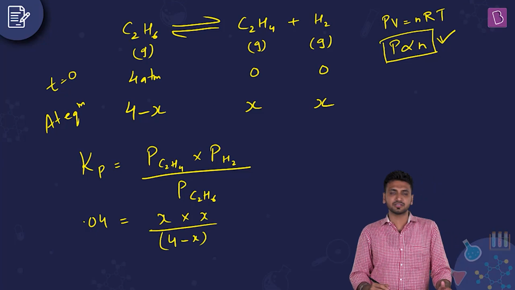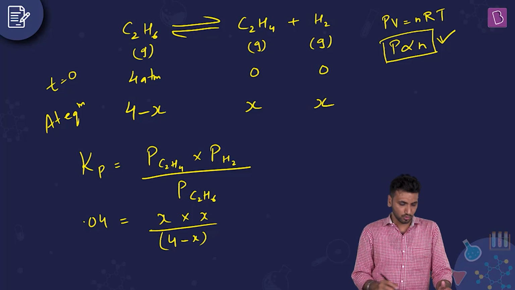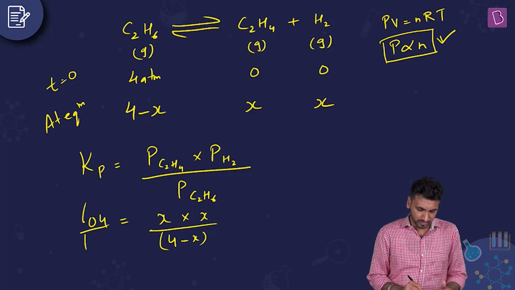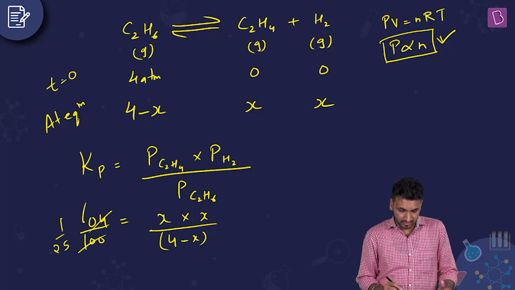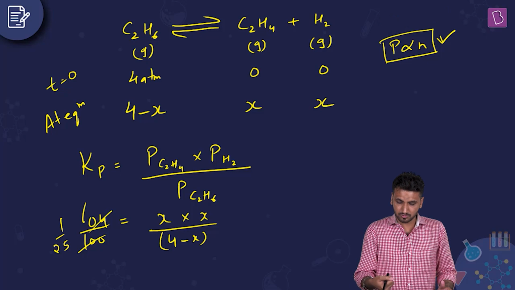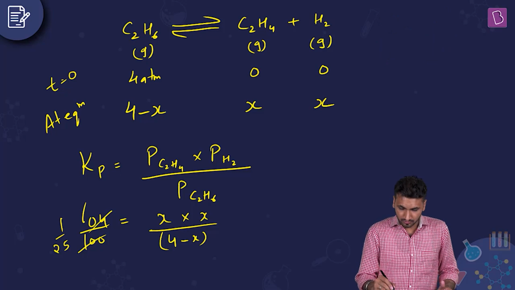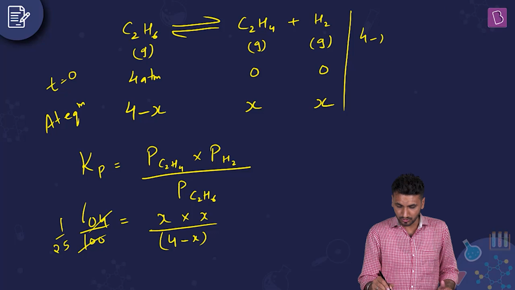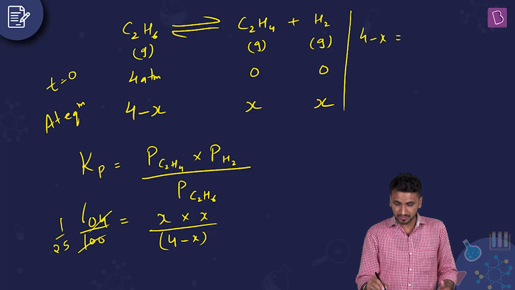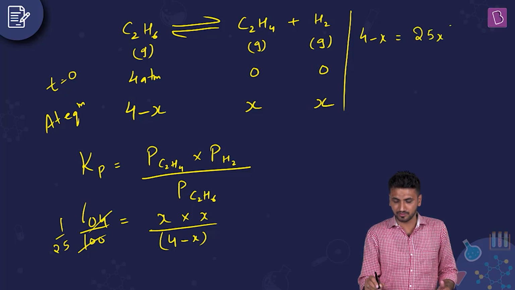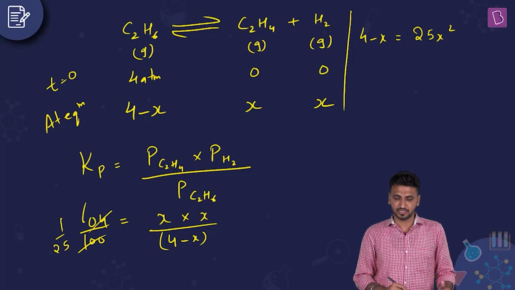If you just solve this, 0.04 will be 1 by 25, cross multiply. So 4 minus x will be equal to 25x square, right?